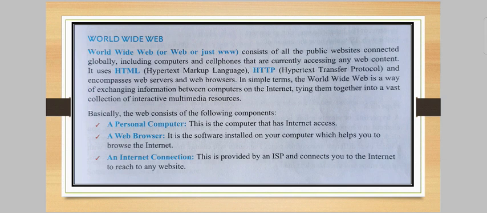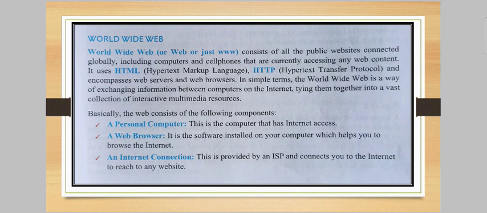HTML means hypertext markup language, and HTTP means hypertext transfer protocol, and it encompasses web servers and web browsers. In simple terms, the World Wide Web is a way of exchanging information between computers on the internet, tying them together into a vast collection of interactive multimedia resources. So mainly, the World Wide Web is a way of exchanging information between computers on the internet.